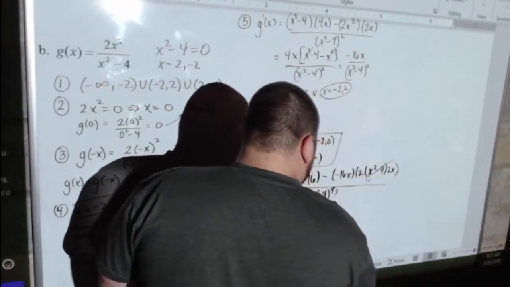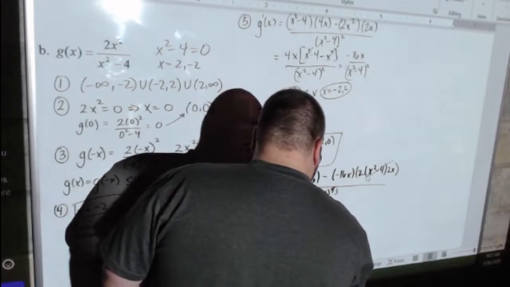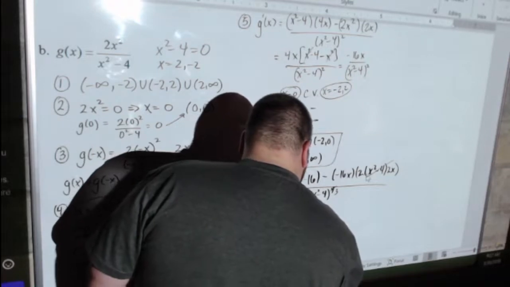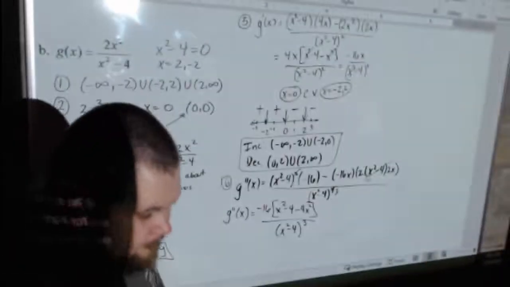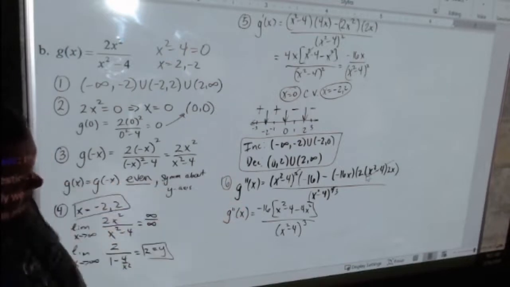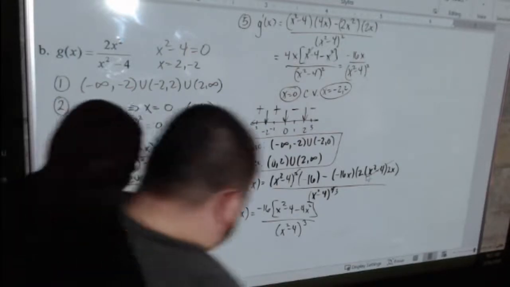That's 4x squared, and it's minus. So now I've got x squared minus 4x squared, so that's minus 3x squared.